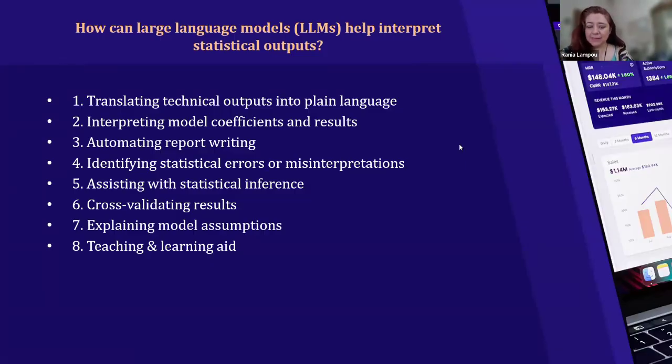How? By translating and contextualizing complex statistical results into clear, accurate, and human-understandable explanations. So these models, LLMs, can take raw statistical outputs and turn them into natural language explanations.